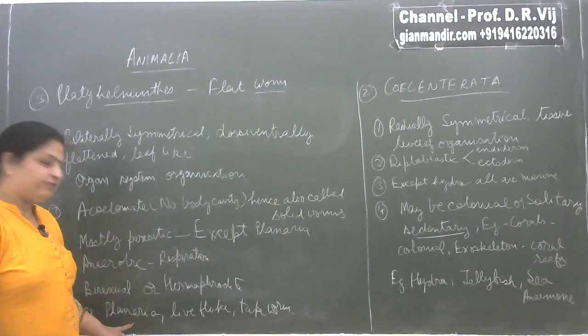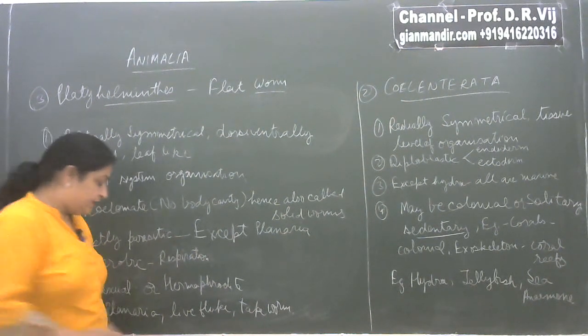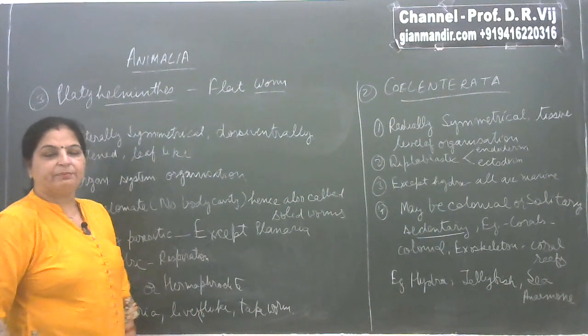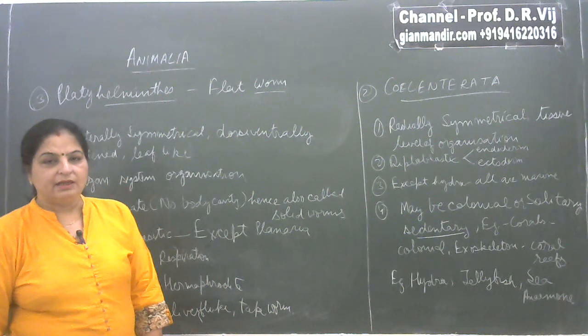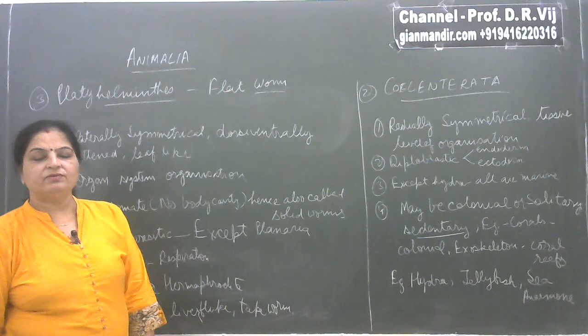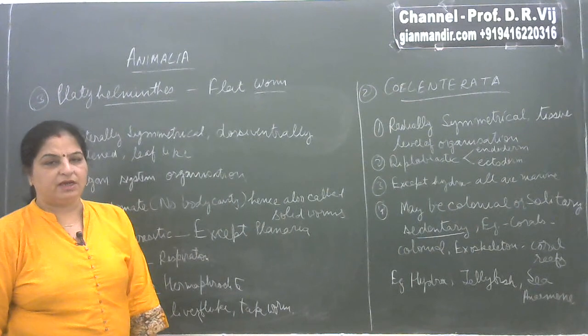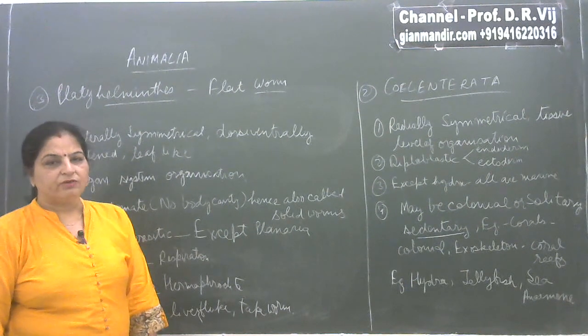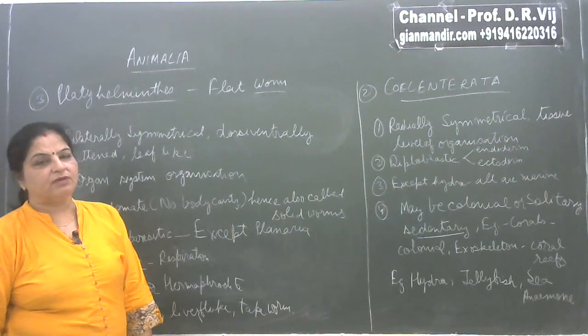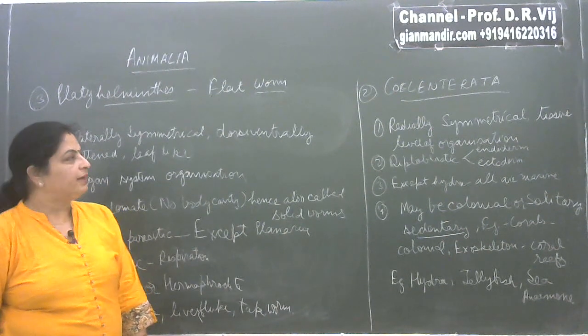The example here is Planaria, another one is liver fluke. Liver fluke, as the name shows, is the parasite which is found in the liver of animals, and tapeworm is the worm which is found in the intestine of human beings. So that is a group of organisms known as flatworms.